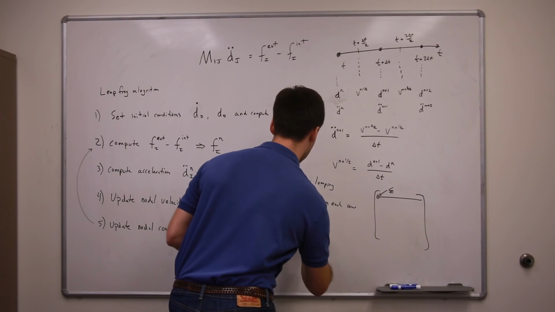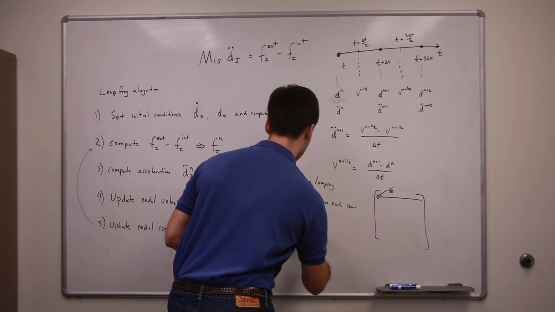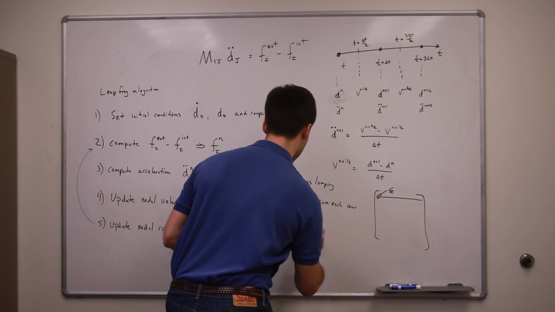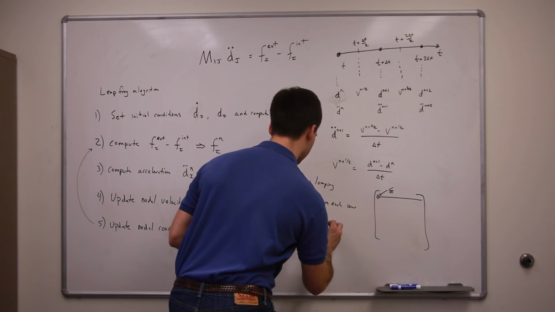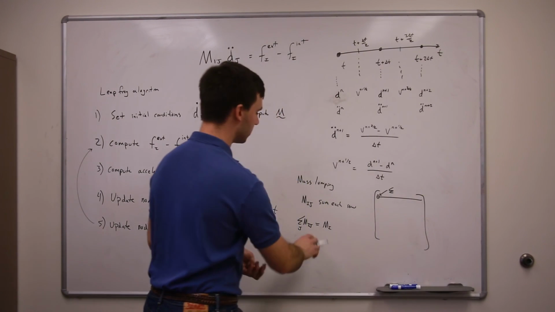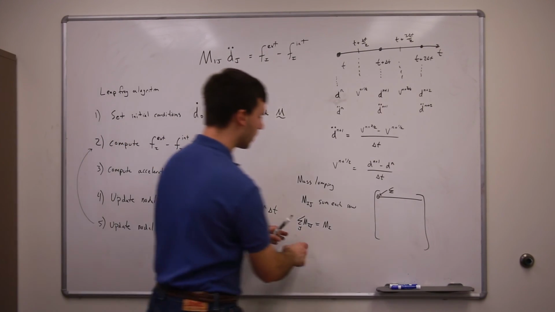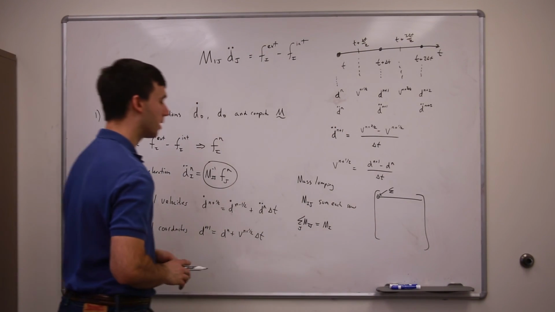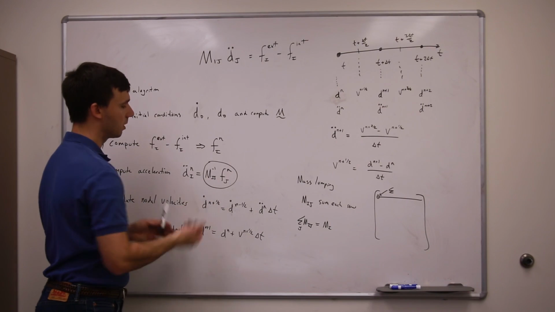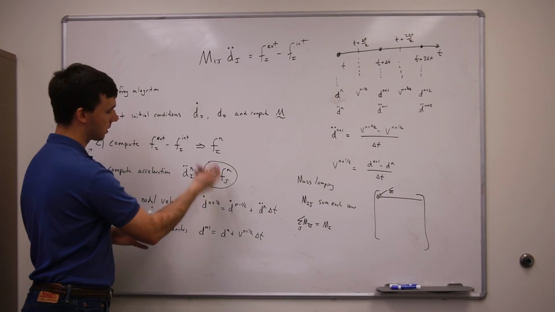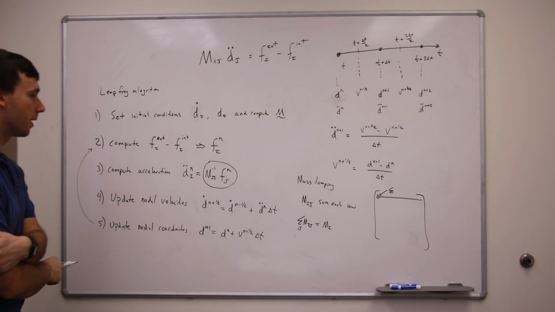So basically we say Mij summed on j gives us Mi. So this becomes more like a vector term. And so that gives us a diagonal matrix on Mi, which then computing the inverse of is just as simple as just taking 1 over each of the components of the diagonal.